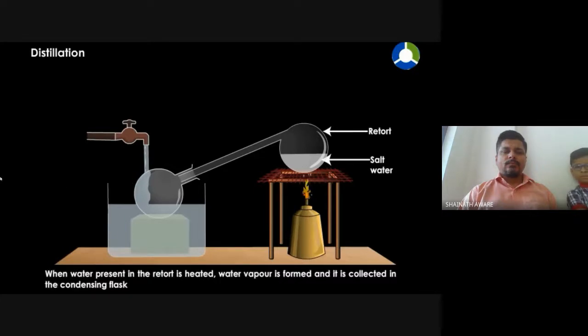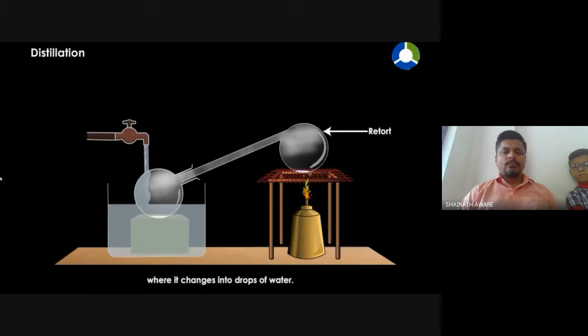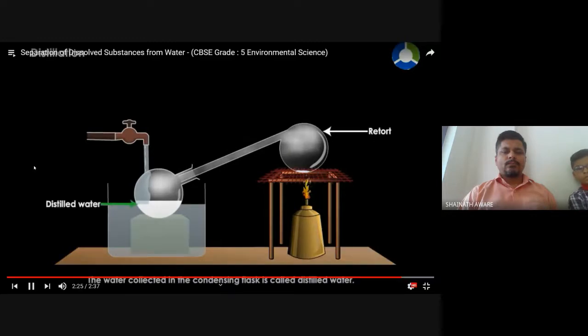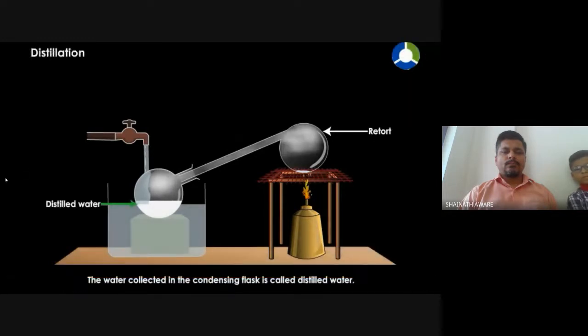When water present in the retort is heated, water vapor is formed and it is collected in the condensing flask where it changes into drops of water. The salt is left behind in the retort. The water collected in the condensing flask is called distilled water.